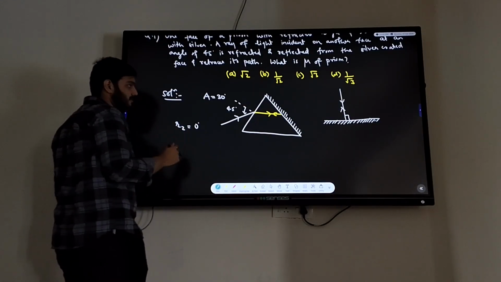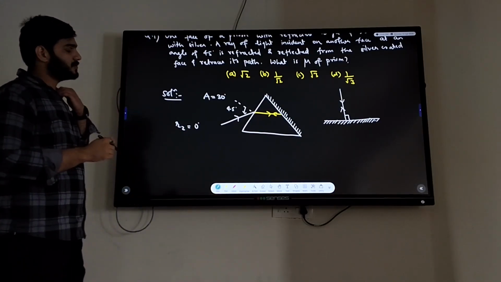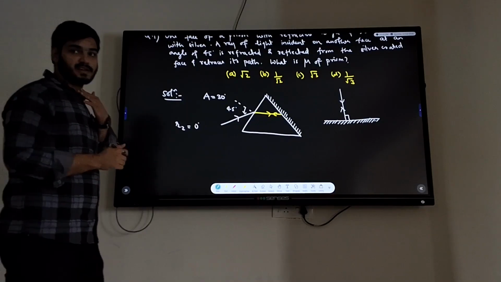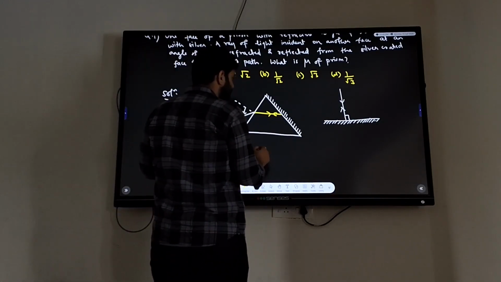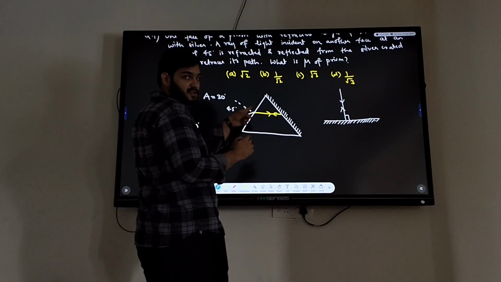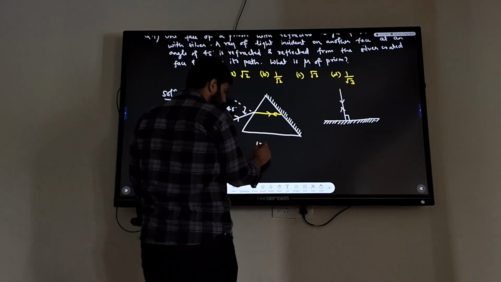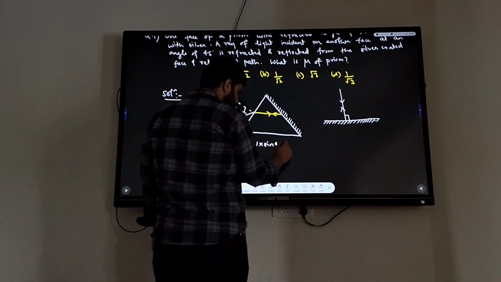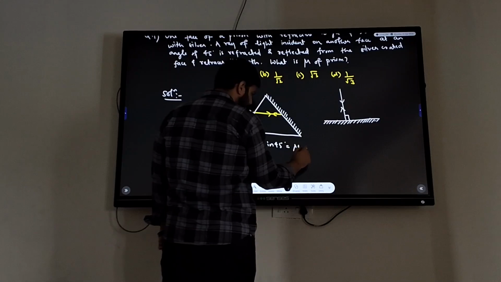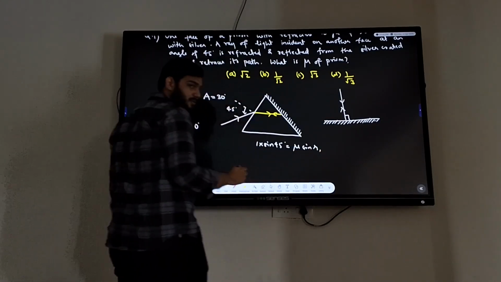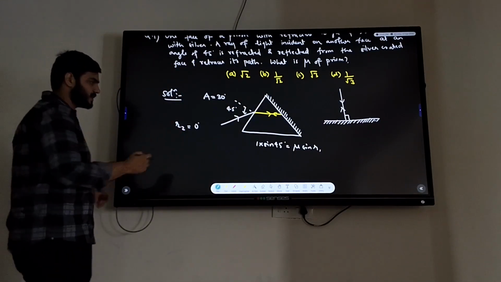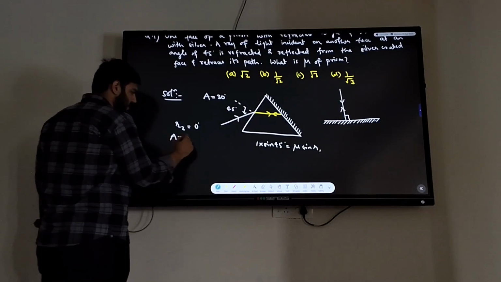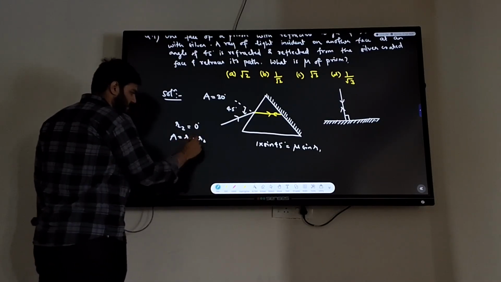Then what is the relation? They are asking to find mu. If I apply Snell's law here, then 1 into sine 45 is equal to mu into sine of R1. But I don't know R1, so I'm going to find it like this. A is equal to R1 plus R2, but R2 is 0.